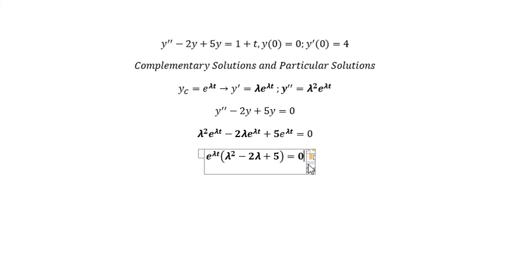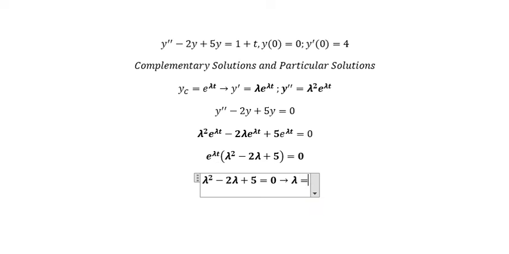So we got about this one. So we have two solutions in here. The first one, that's about 1 plus 2i. And the second one, 1 minus 2i.